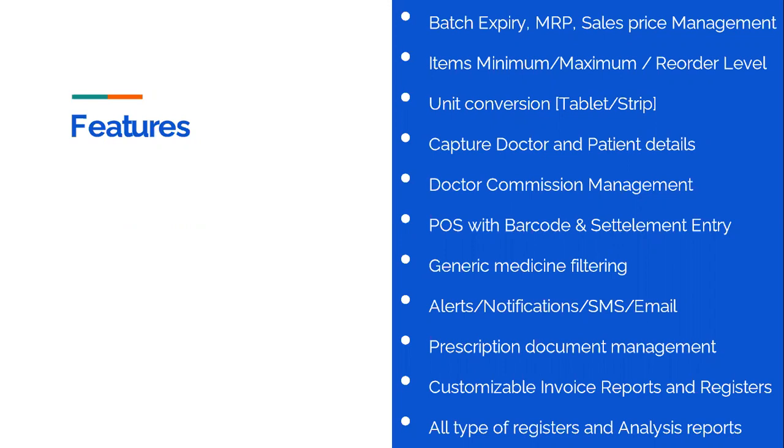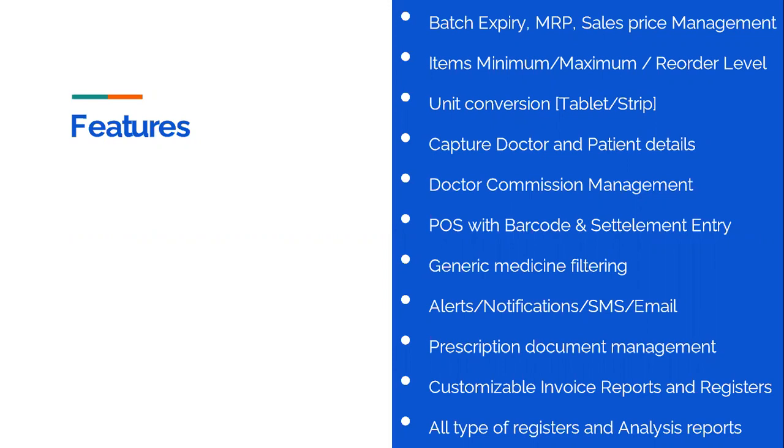Next is alert notification, SMS and email. This is very important nowadays. After entering the invoices or billing, we have to push a notification or alert to the customers. Then they feel happy, as well as feel they are getting better service from the shop, because nowadays everyone is implementing digital technology, and no one is using the printed invoice.